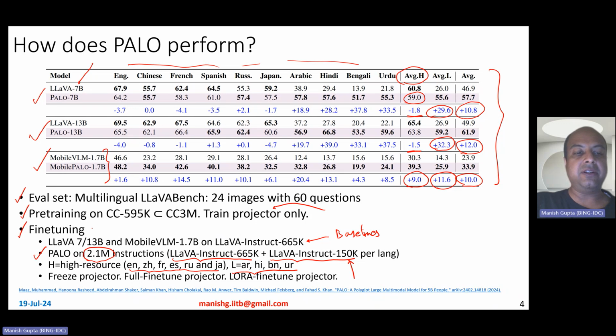Now, while fine-tuning on this 2.1 million instruction dataset, they freeze the vision encoder, fully fine-tune the projector, and LoRA fine-tune the large language model.